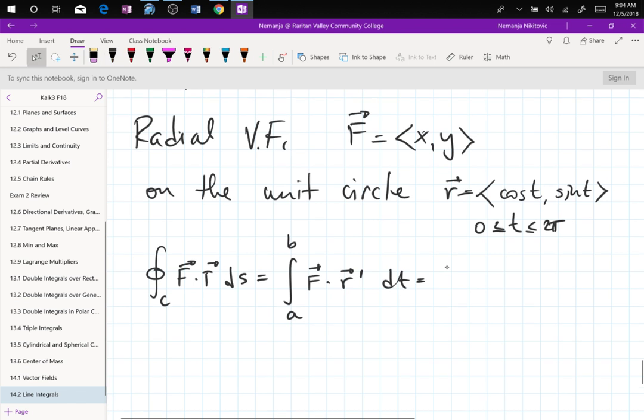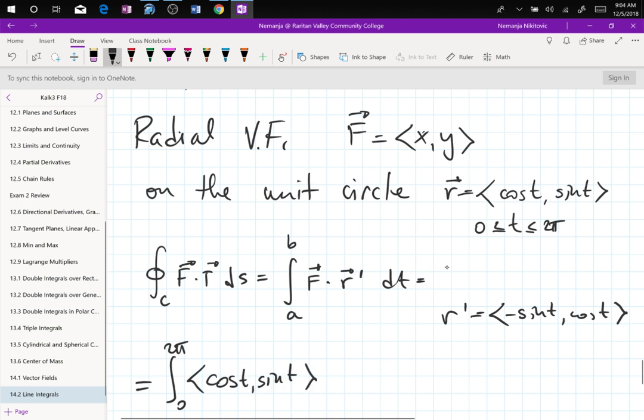Now let's write our r prime underneath. That's negative sine t, cosine t. Great. Plug everything in, integral 0 to 2 pi. F is given as x, y, so that's going to be cosine t, sine t. X is cosine, and yes, good.